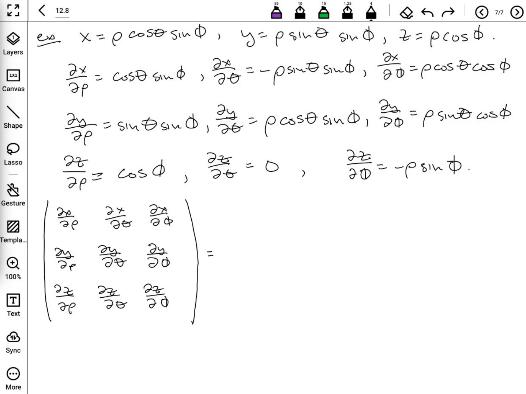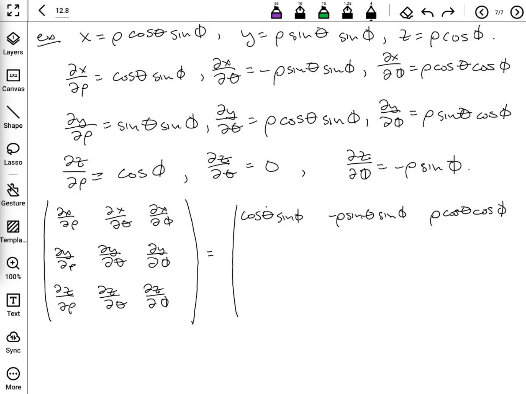For the variables and derivatives that I just calculated, it's going to be cosine theta sine phi, minus rho sine theta sine phi, rho cosine theta cosine phi. For all my x derivatives, I just pulled these 3 and put them in the top row.